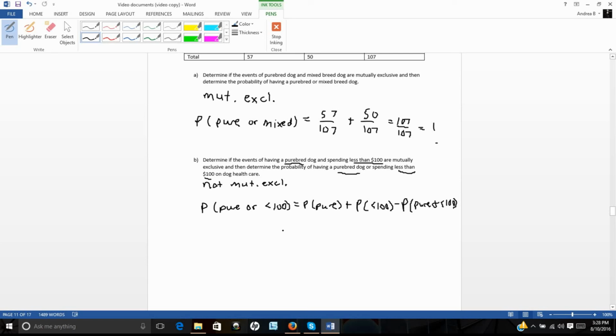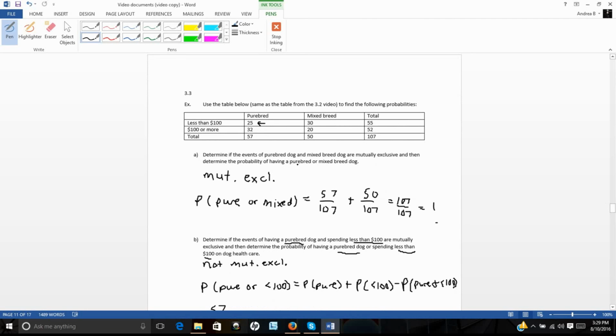So here in this case, for purebred, once again, we have 57 out of the total of 107 for the number of purebred dogs out of the total, plus, and then spending $100 or less. So if I look back up on our table here, for spending $100 or less, we had 55 here. We used this 57 before to get that purebred.